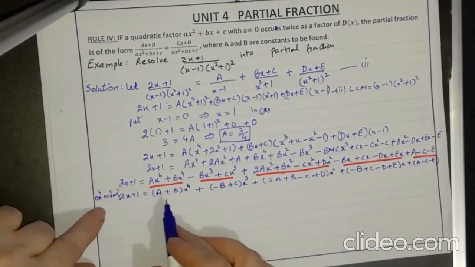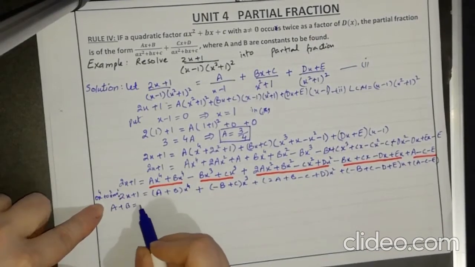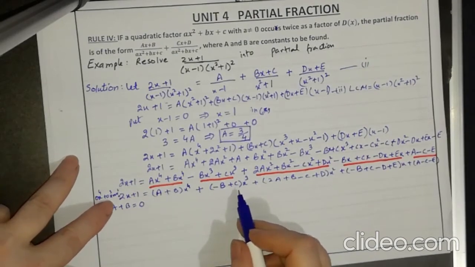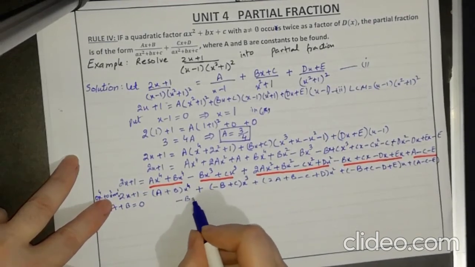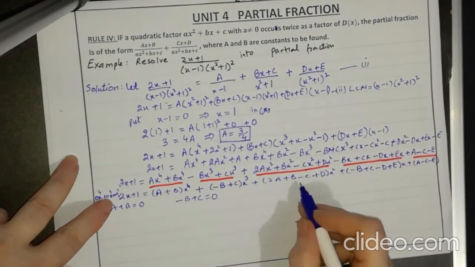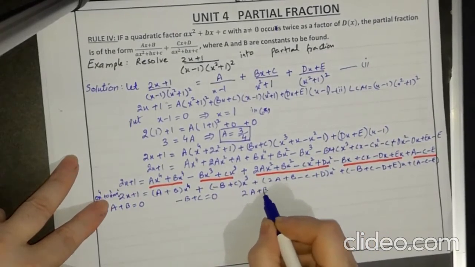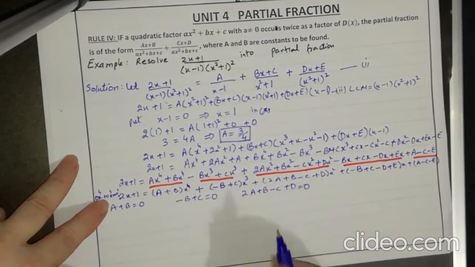So now comparing the coefficients, a plus b is equal to 0. Now comparing the coefficient of x cube: minus b plus c is equal to 0. Now comparing the coefficient of x square: 2a plus b minus c plus d is equal to 0.